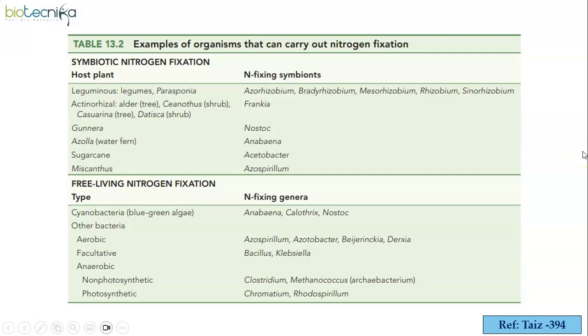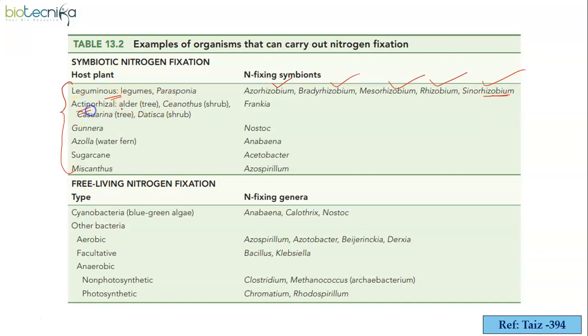As you can see, this is the category of symbiotic nitrogen fixation. So leguminous plants, the host plant, have many symbionts. It could be Azorhizobium, Bradyrhizobium, Mesorhizobium, Sinorhizobium. So remember, everything ends with rhizobium.